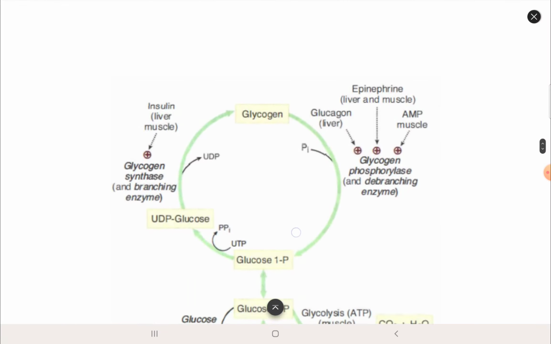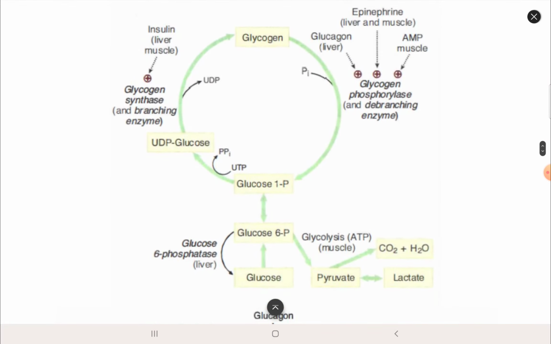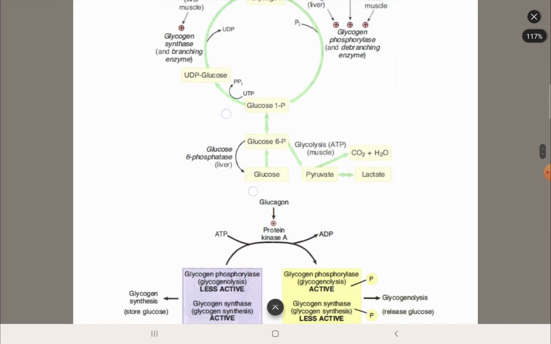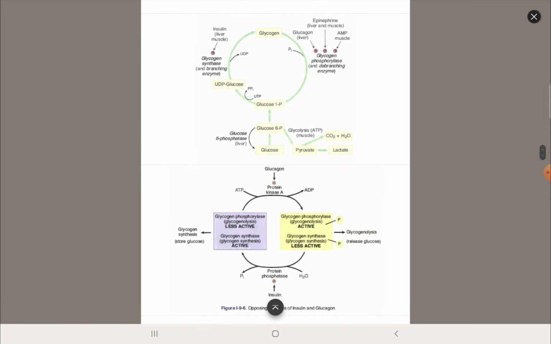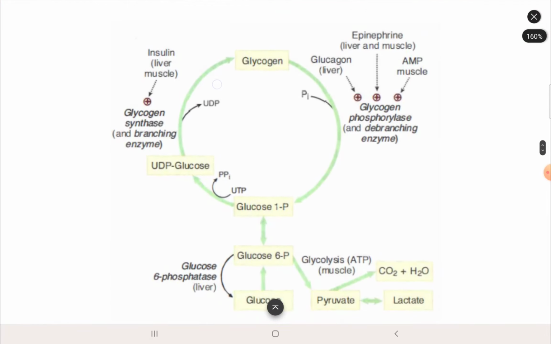This diagram shows you most of the metabolic processes inside the human being are hormonally regulated. Hormones play an important role in the metabolism. How? By activation.